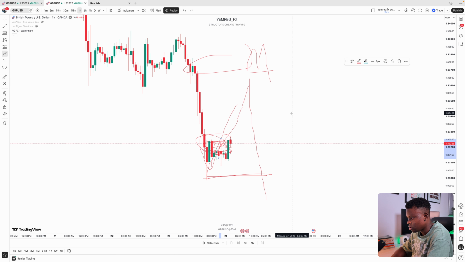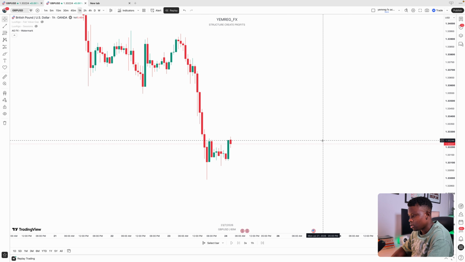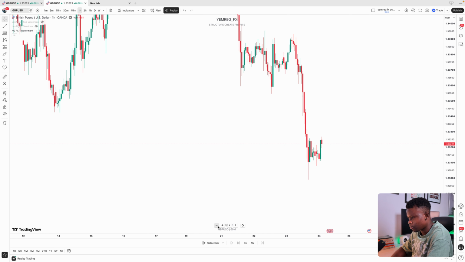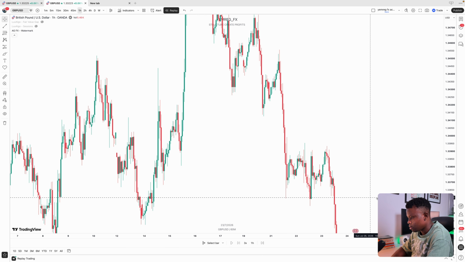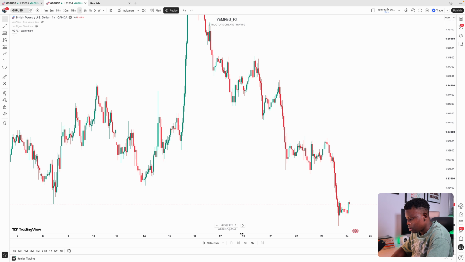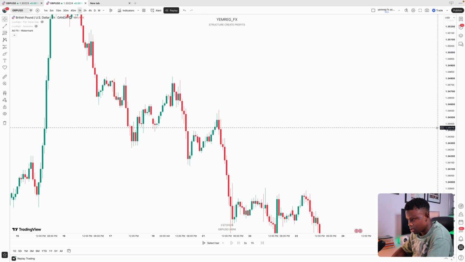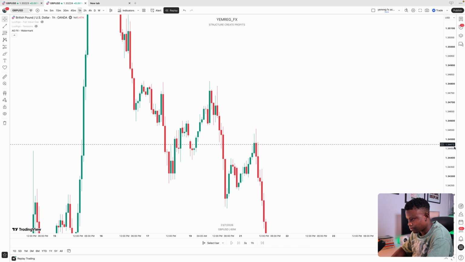Or better still, let's look for an example on the charts of one that literally played out before. So let me zoom out. So now if we look at this, this is an example here.